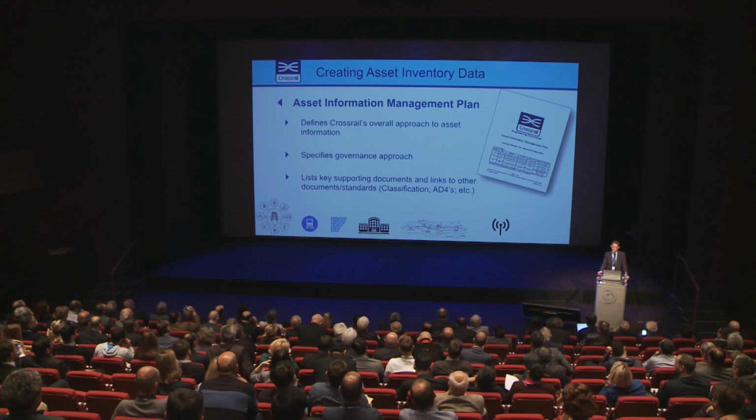So using data for asset management, we formulated an asset information management plan, which again was instructed to contracts, which they had to follow contractually. And this would define our overall approach to asset management, and it would list key supporting documents so that people knew what we expected an asset to be.